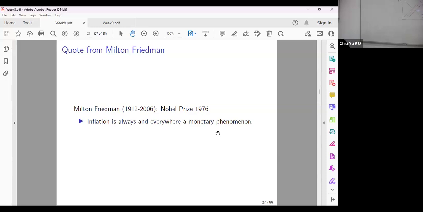It's only a monetary phenomenon. Basically, it's the government printing money. Inflation is only about printing money. It's not about firms being more optimistic and investing more, or consumers spending more.